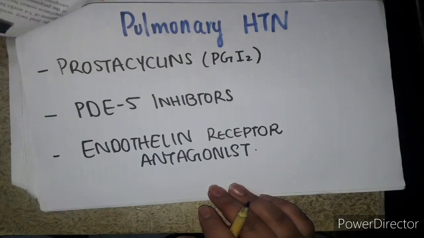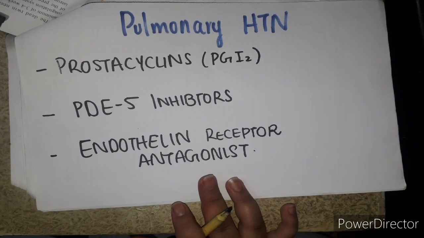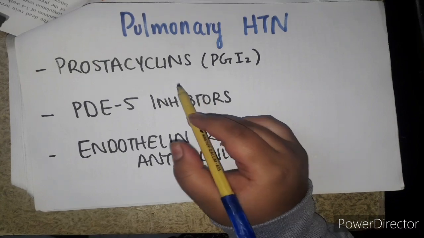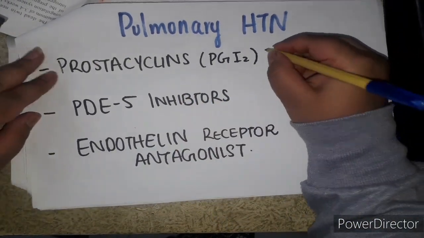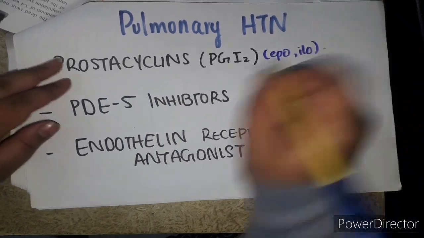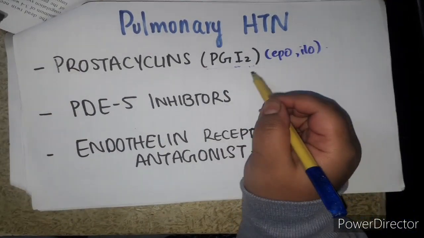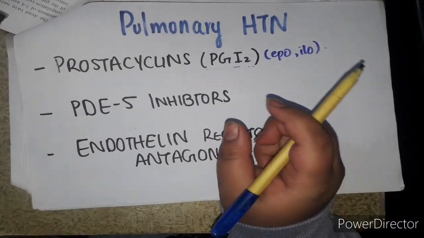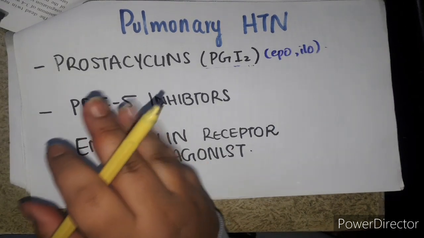Okay. The next thing we have is the drugs for pulmonary hypertension. First of all, we have prostacyclin analogs, and I have to tell you the names of these. You have to remember this: epoprostenol, and iloprost. Epoprostenol and iloprost are prostaglandin I2 analogs, and they have a pulmonary vasculature relaxation effect.